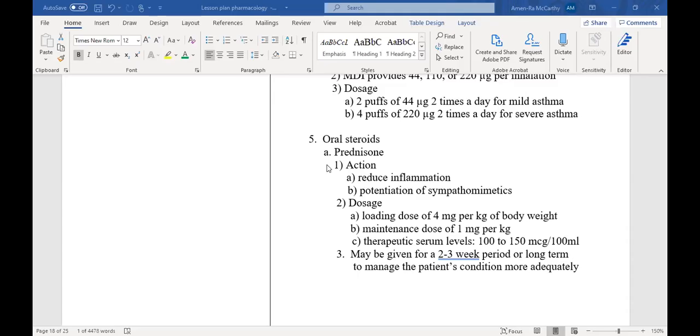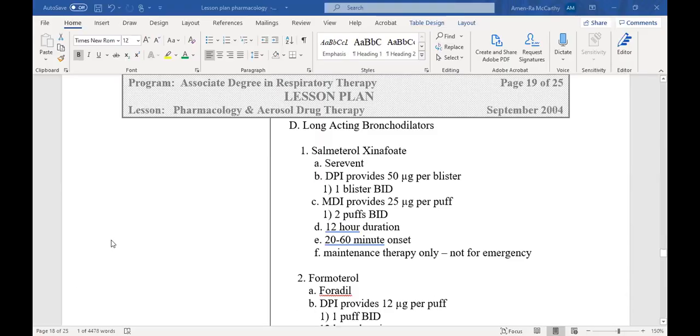Do that, read, go back over this if you need to. If you're live, you won't need to go back over the lecture, but it's here for you. If you want to go back and look at it while you're taking your notes or whatever you need to do, it's being recorded. But make sure you study, study, study, because tomorrow we're going to go into long-acting bronchodilators, right?